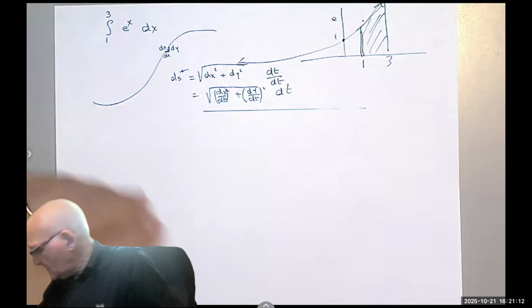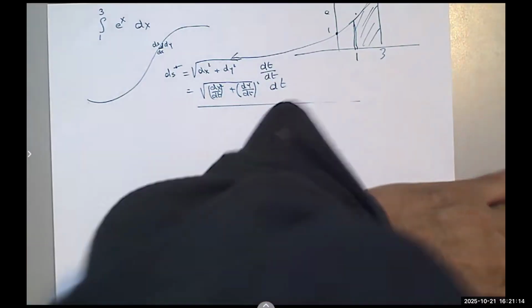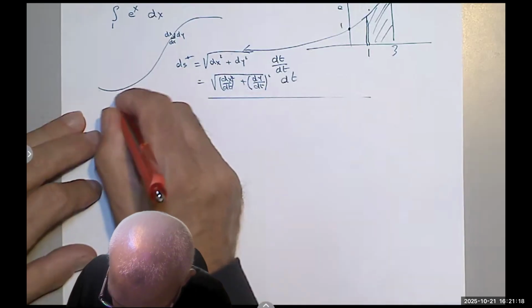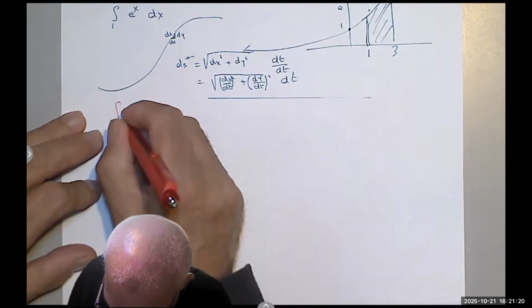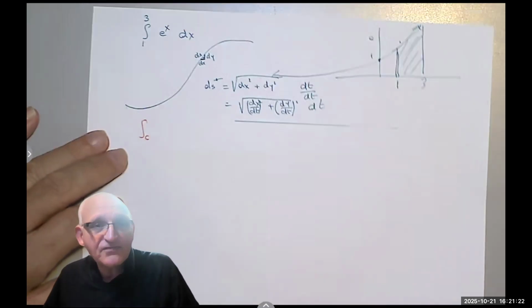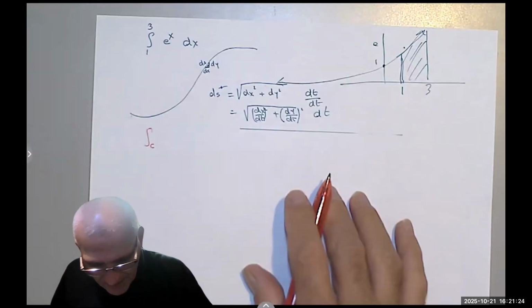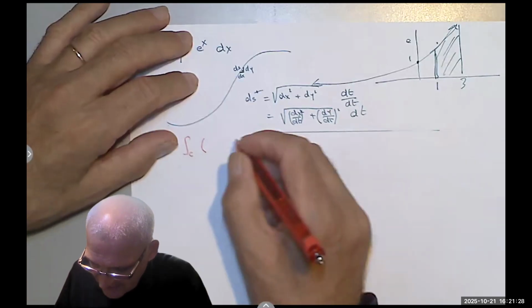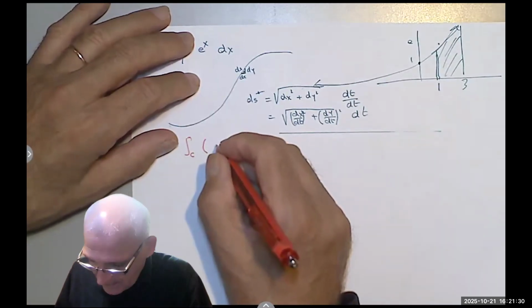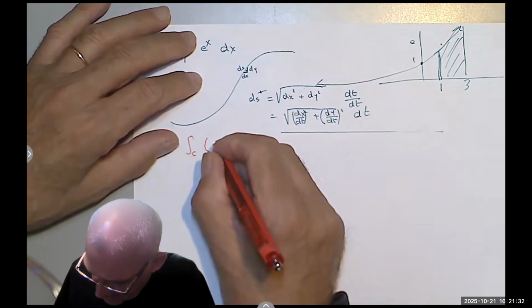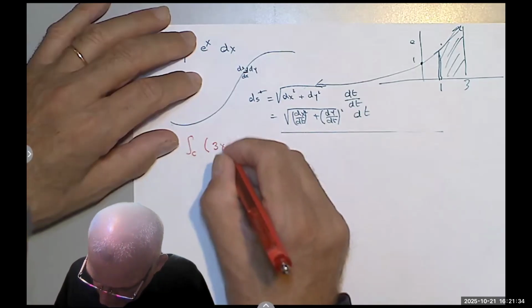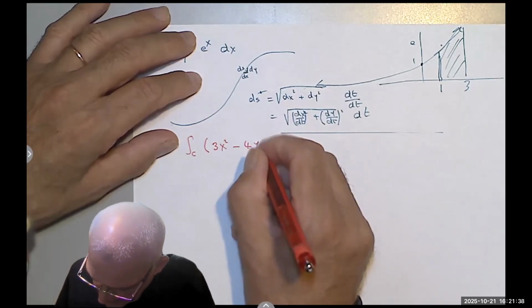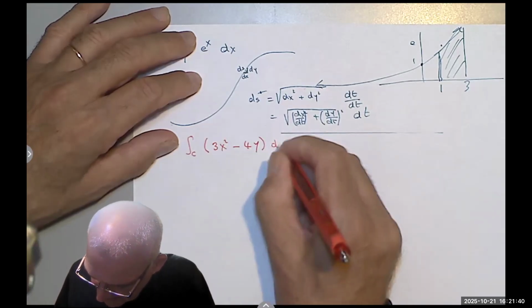We will start with a function. The way we represent the line integrals, we do an integral sign and a letter C that stands for that curve, okay? Let's say here I want to integrate a function that is 3x squared minus 4y, ds.